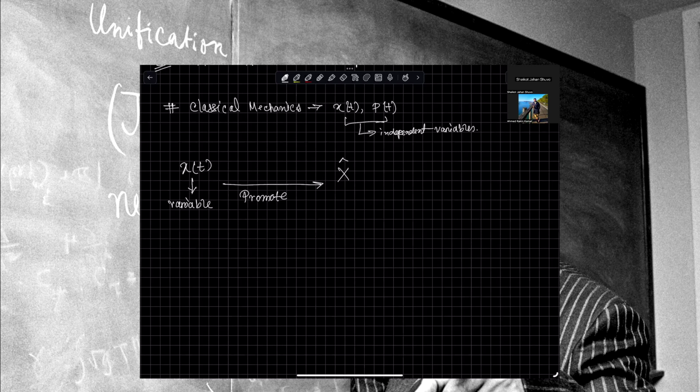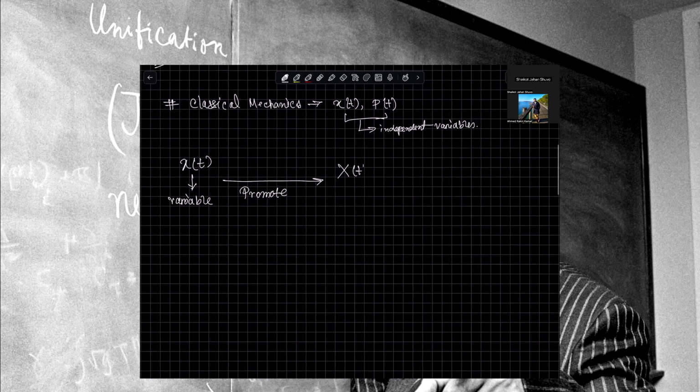If that makes you comfortable, you can use it. But I'll just use the capital X to denote that this is an operator. And I'll explain what I mean by an operator in a bit. So we take the classical variable and we promote it to an operator. So this object here is known as an operator.